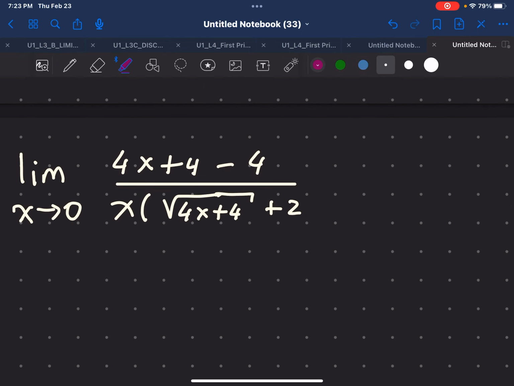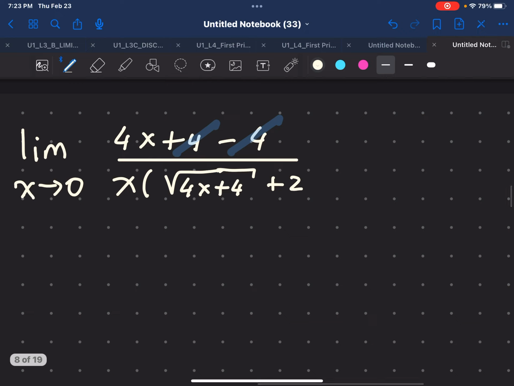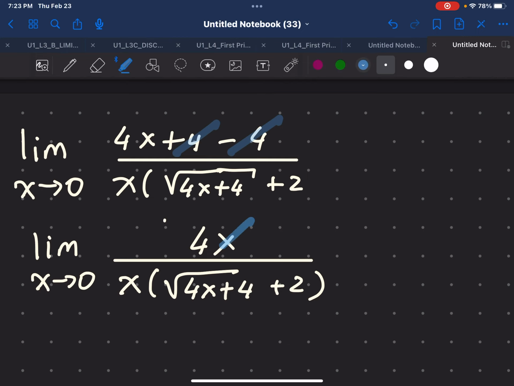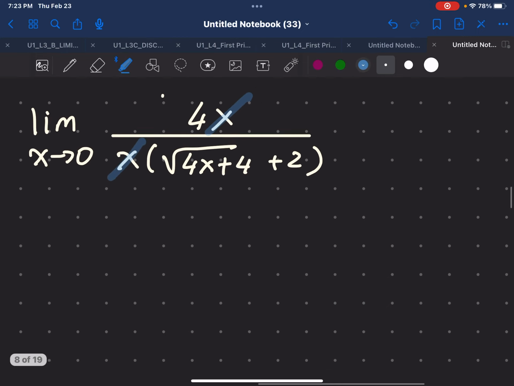So notice how we can simplify now the 4 and the negative 4, and the denominator will stay the same. So x, the square root of 4x plus 4 plus 2. And then the numerator will have simply 4x. So now simplify x.